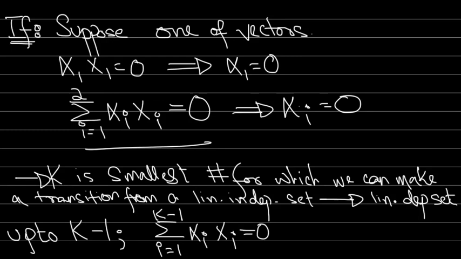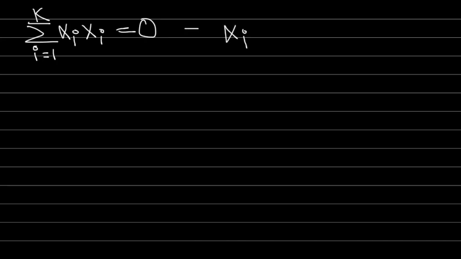Again, for this linear independence, it has to imply that alpha i is equal to 0. But note that for the summation i is equal to 1 to k of alpha i xi, that is equal to 0, in this case we have alpha i not equal to 0.